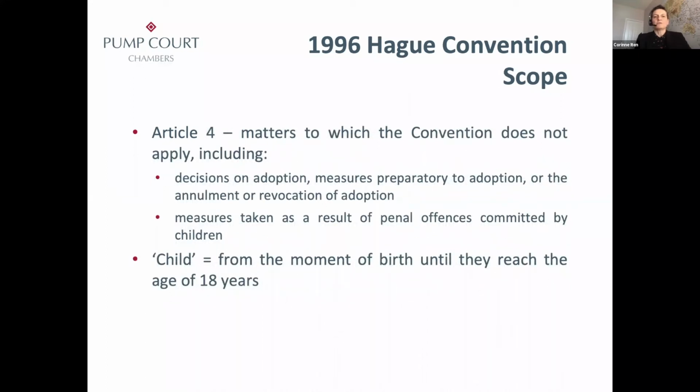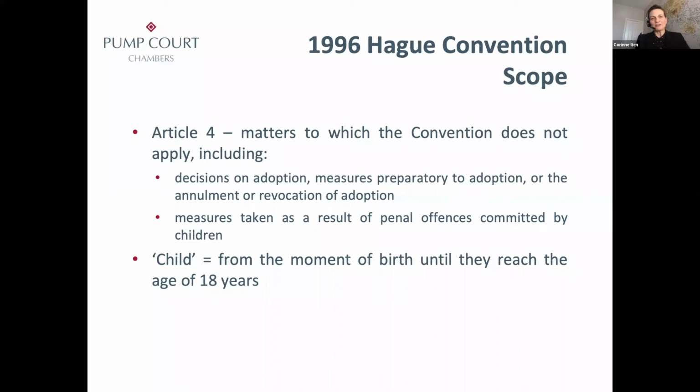Article 4 sets out the matters to which the convention does not apply, and this very much mirrors what Brussels II revised does. In fact, Brussels II revised was very much based on and modelled on the 1996 Hague Convention, hence a large amount of overlap. But it's probably fair to say that Brussels II revised is 1996 Hague with bells on, clearly based on the fact that it concerned members of the European Union, where there was a greater degree of integration and cooperation than can perhaps be expected of the rather diverse selection of countries who've signed up to the 1996 Hague Convention.